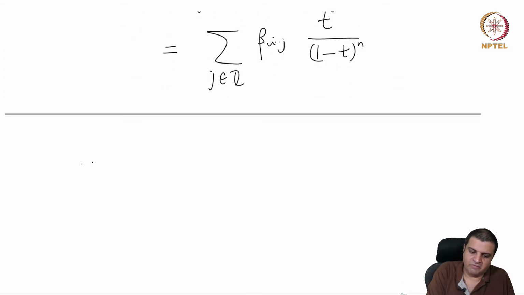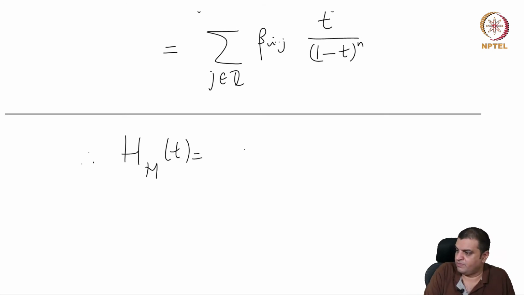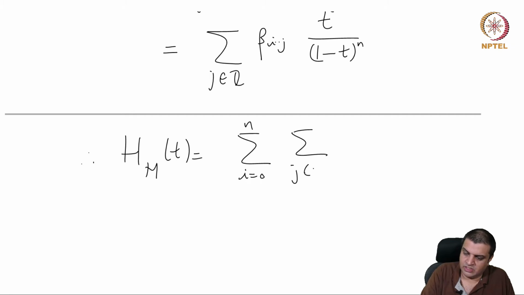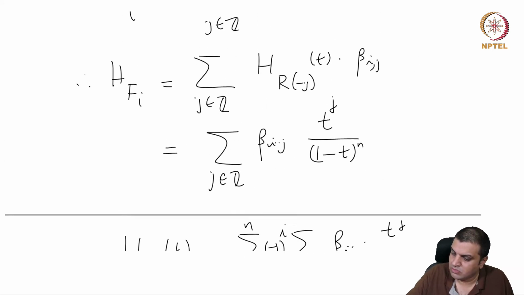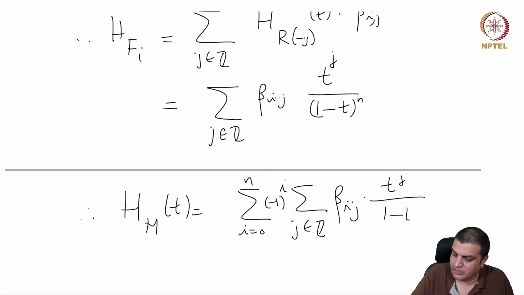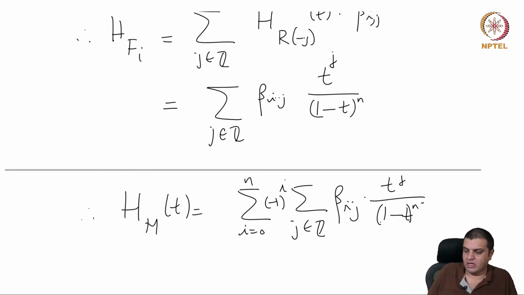Okay, so putting this together, we see that the Hilbert series of M is the sum over i from 0 to n, and j in Z, of minus 1 to the i, beta_ij, t to the j, over (1 minus t) to the n. So this is going to be some Laurent polynomial in t, depending on what j is.